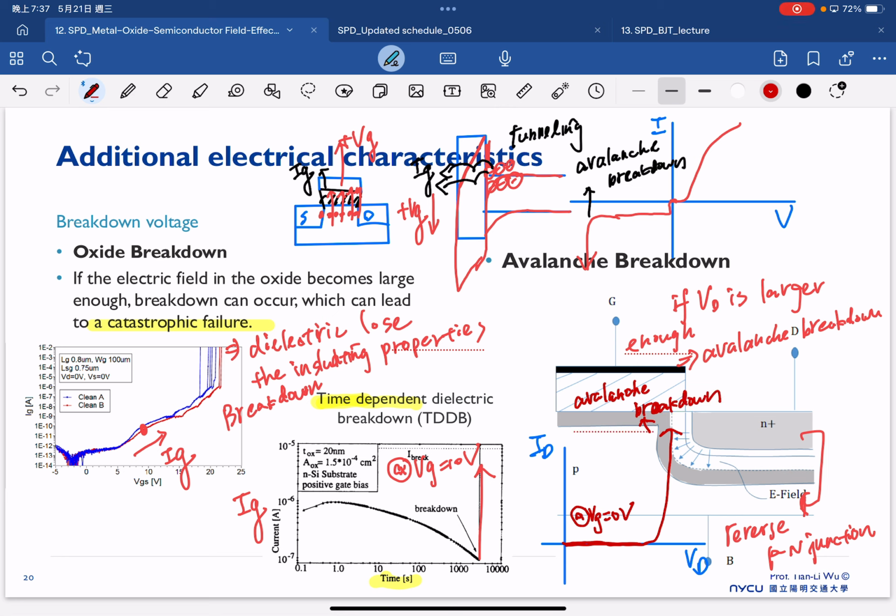The same phenomenon we talked about in the PN diode now applies to the MOSFET, and the physics is exactly the same, just the bias condition is different because now we bias the drain side.